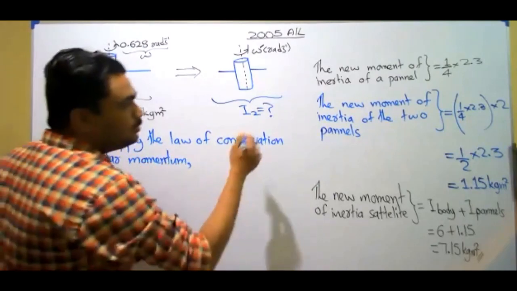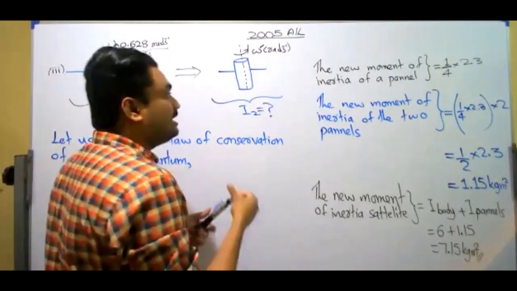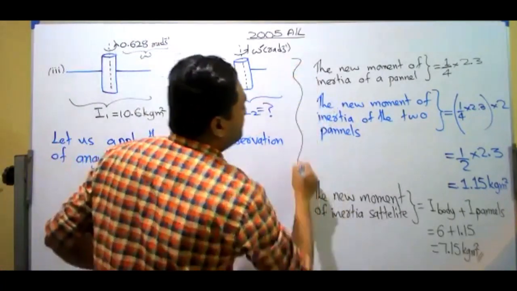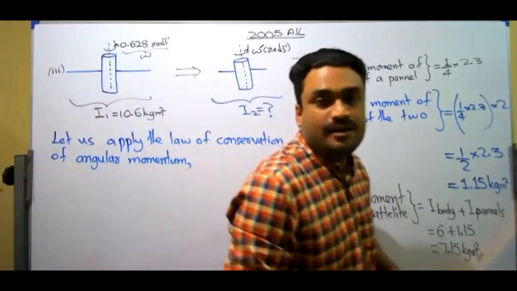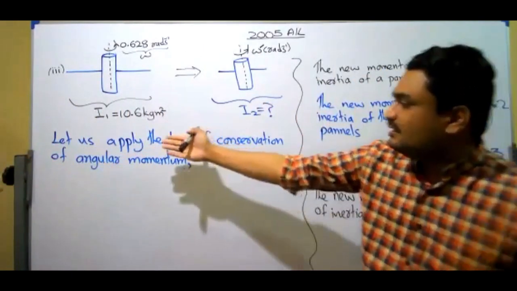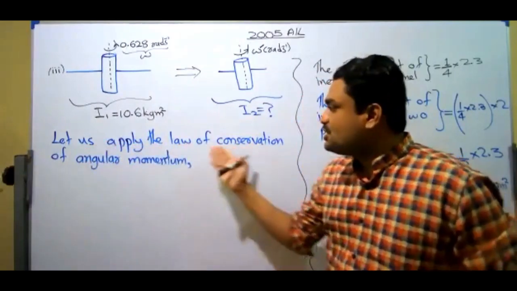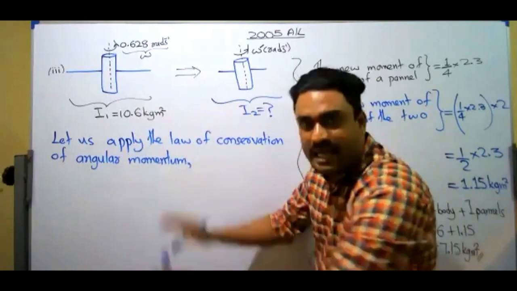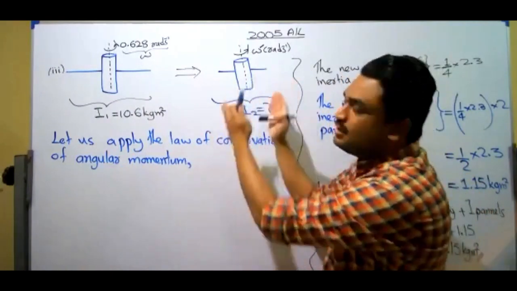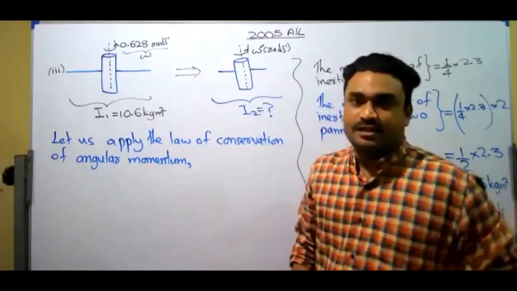So what does the law tell us here? It tells us initial total angular momentum equals the final total angular momentum.